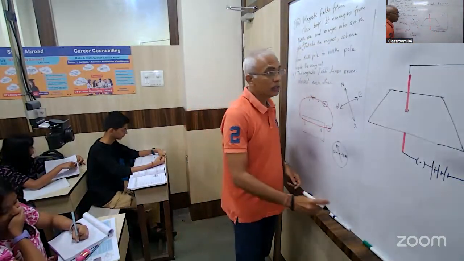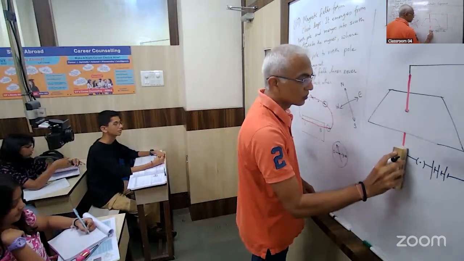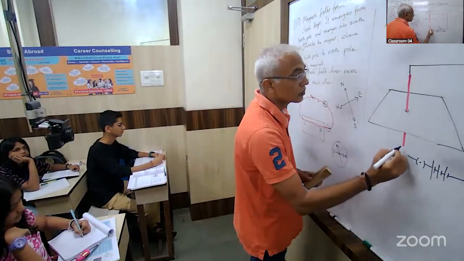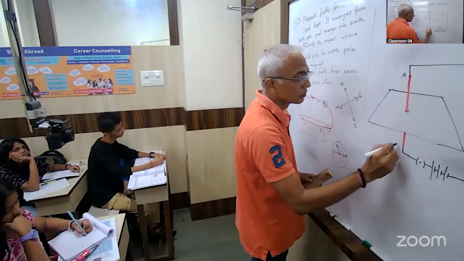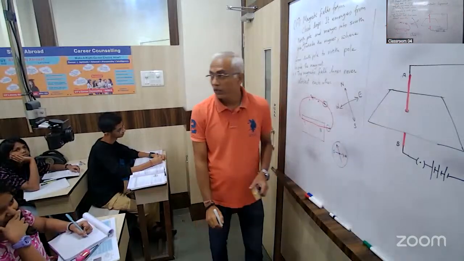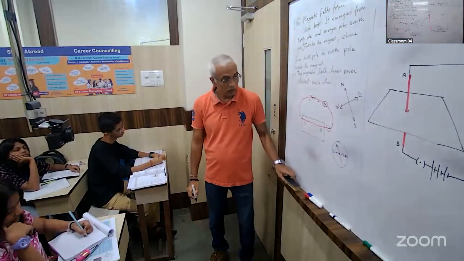Let us say you have some conductor. So AB is some kind of conductor, right?